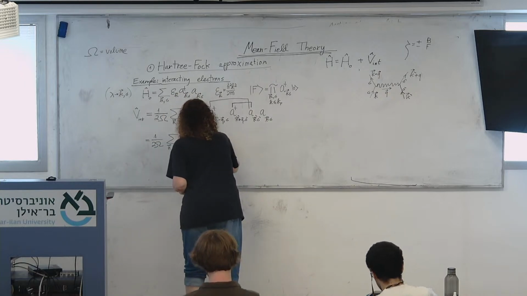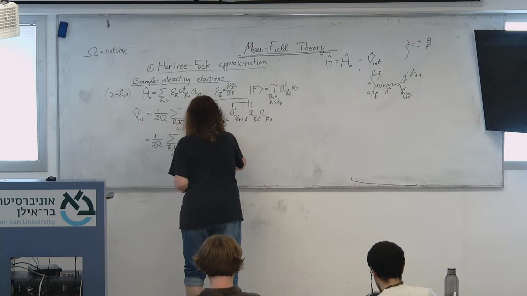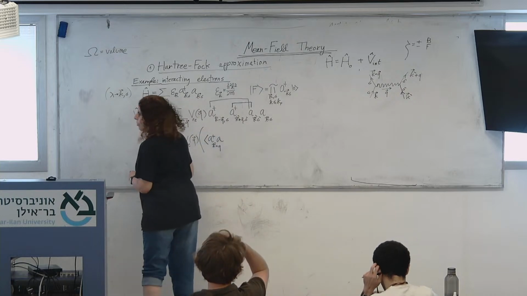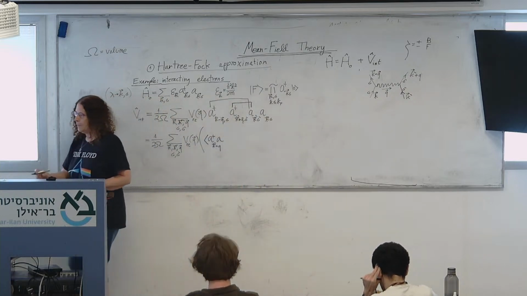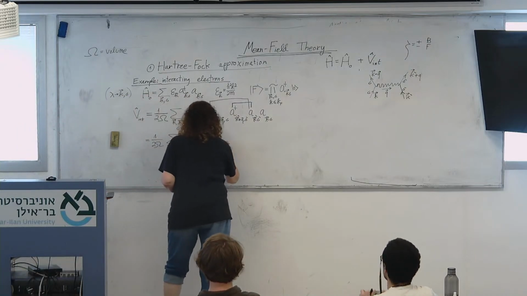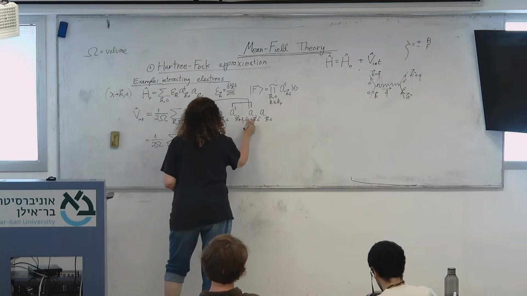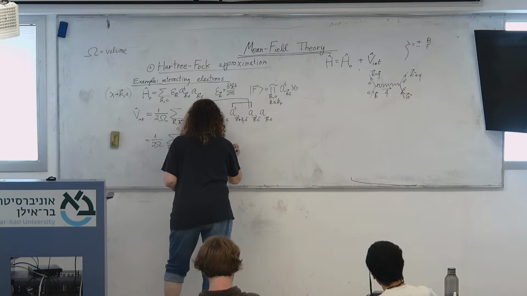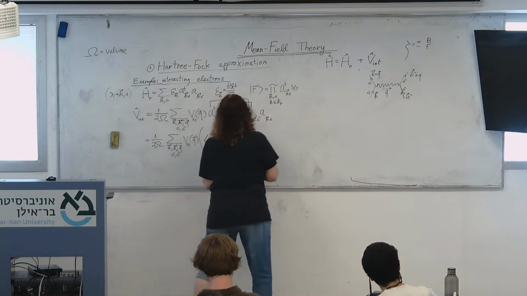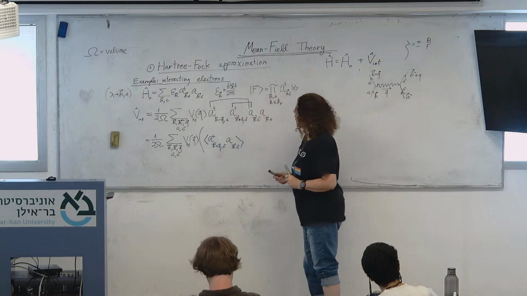So it is the expectation value of a dagger k prime plus q, sigma prime, a k prime of sigma prime, times what is left over after I contracted these two.